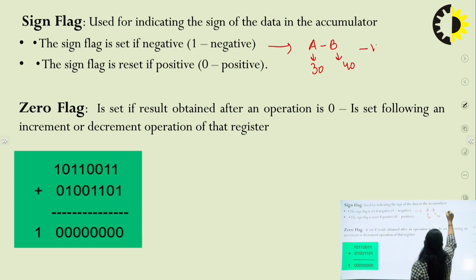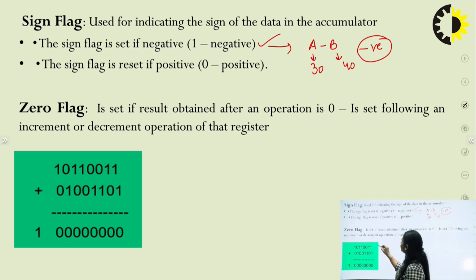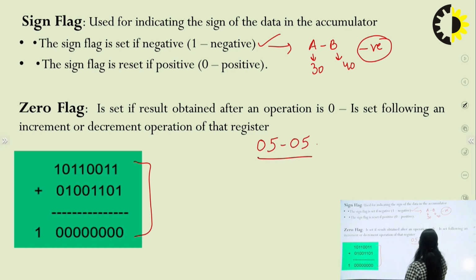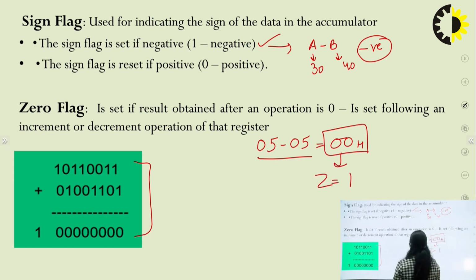The result will be negative, then the sign flag will be active. Next, the zero flag. If the whole result is 0, suppose we are doing 5 minus 5, the result will be 0, and at that point the zero flag will be 1.